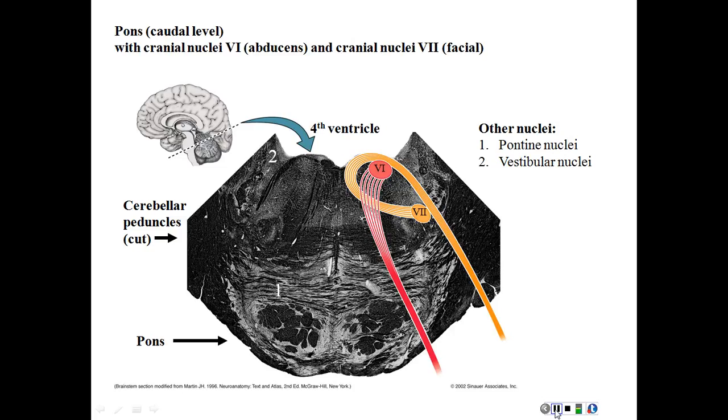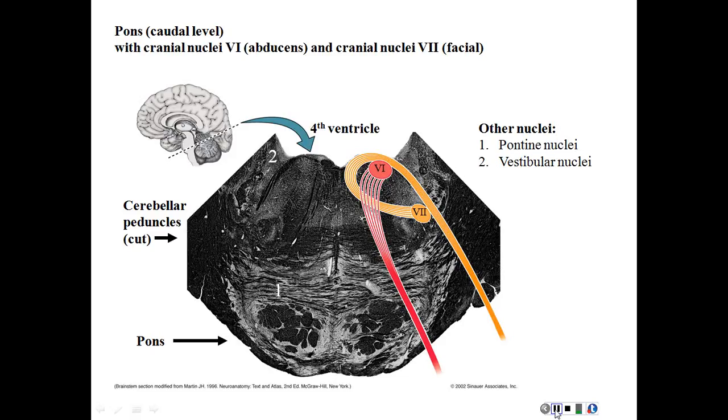So now, if we think about the brainstem, now we're getting somewhere, right? If we think about the brainstem as a simple box, and we think about the three parts to it. So this is midbrain, this is pons, and this is medulla. Now in these boxes we can start putting some cranial nuclei.